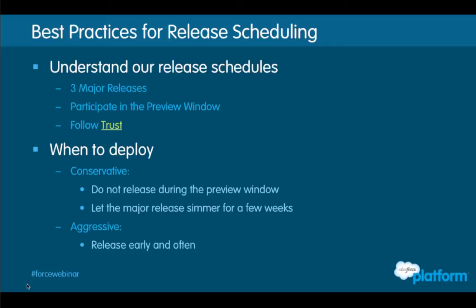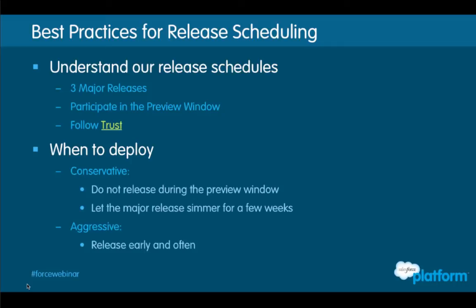And also, if you would like to get ahead of the game, you can reach out to your account exec, or if you are working with someone in professional services, or you have someone in support that you normally work with, you can work through them to get a list of our preview window dates and release dates ahead of time. Now, back to why should you do this? Well, I've seen a lot of different issues with customers when they don't coordinate these dates. And typically these are customers with conservative release plans, but they don't think about the major release.